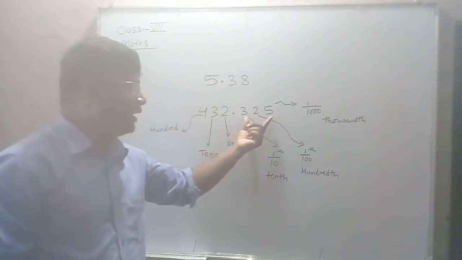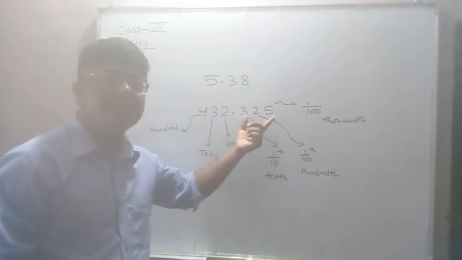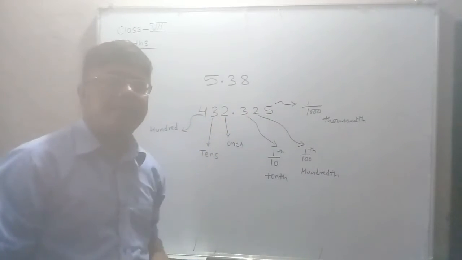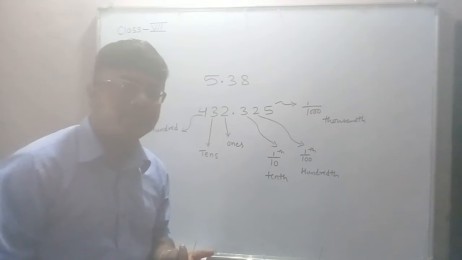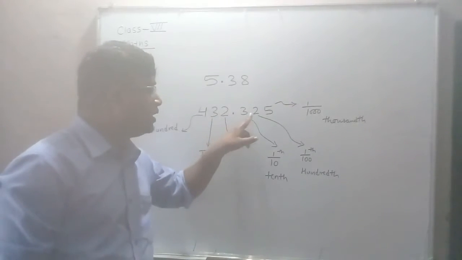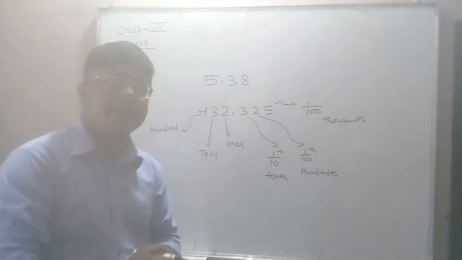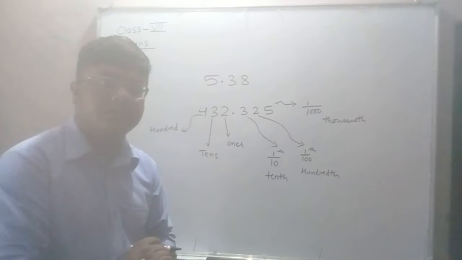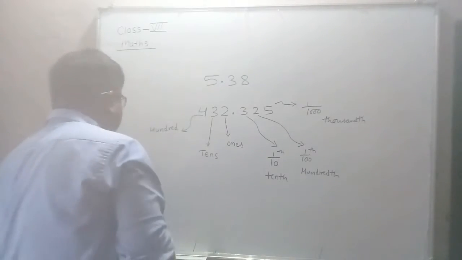So you cannot read it as three hundred twenty-five. If someone reads it like that, it is wrong. You have to read it as four three two point three two five. After the decimal you have to read one digit at a time. I hope it is clear for you.